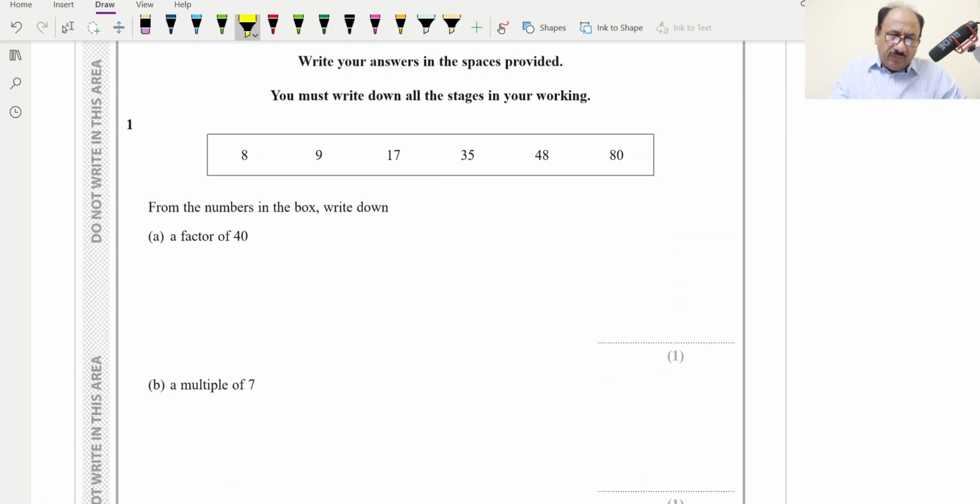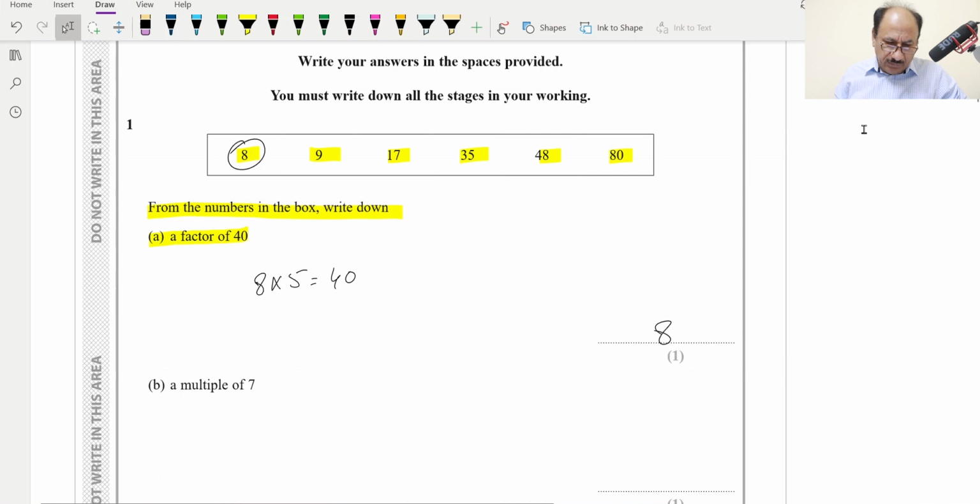So question number 1, these numbers are provided, and from the numbers in the box write down a factor of 40. Factor of 40, we can write 8 times 5 is equal to 40. So 8 is a factor of 40.